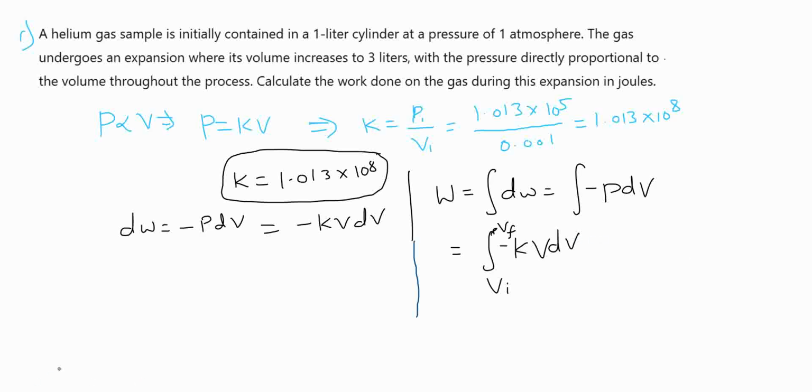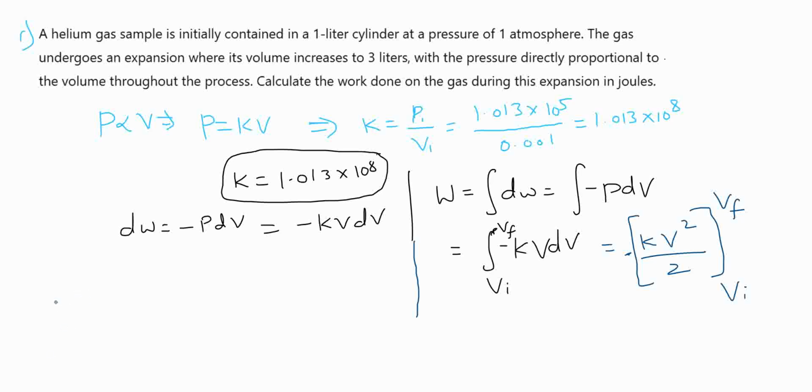When we do this integral, we get kV square by 2, with the minus taken outside, from volume initial to volume final.